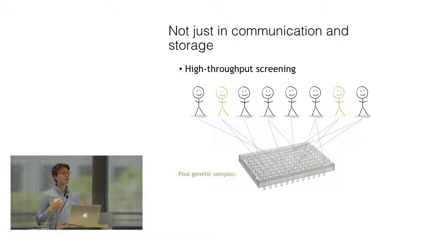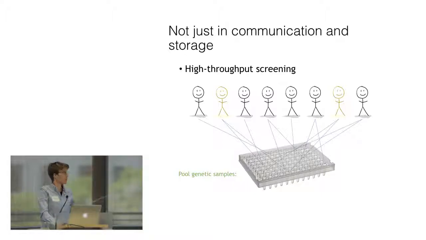Testing each person individually is extremely expensive, prohibitively expensive in a lot of cases. So what can I do? Well, I can pool their genetic samples, and then I can test the pools. And a pool will turn out positive if anybody in the pool came out positive. Through this, I'm hoping that I can take lots of people and pool their genetic material into just a few tests and save money and time that way.